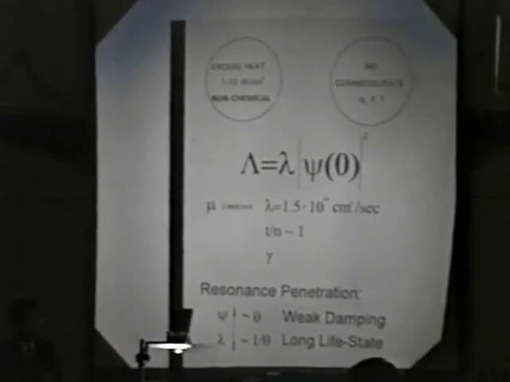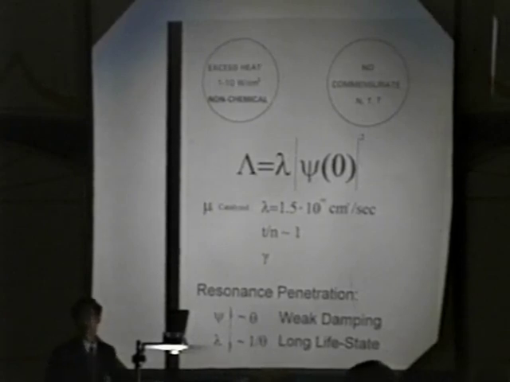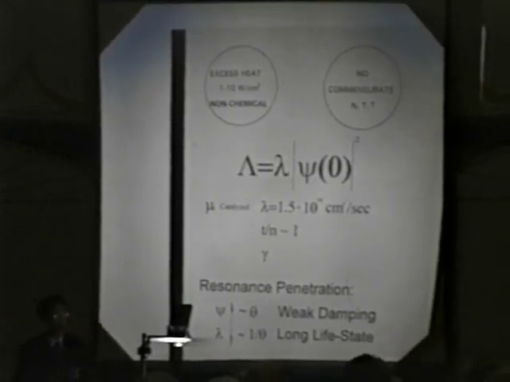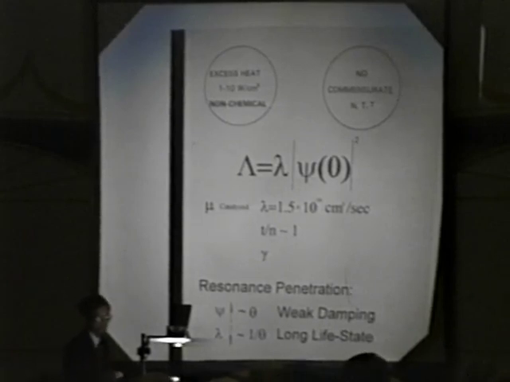But muon catalyzed fusion reduces the Coulomb barrier. Resonance penetration is different from the reduction of the Coulomb barrier. Resonance means the wave function will build up during its bounce motion.